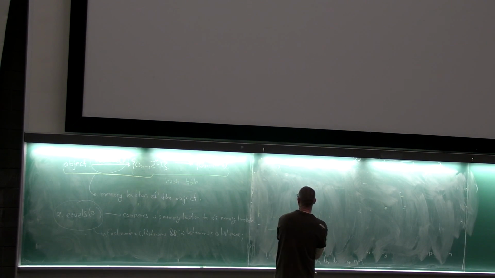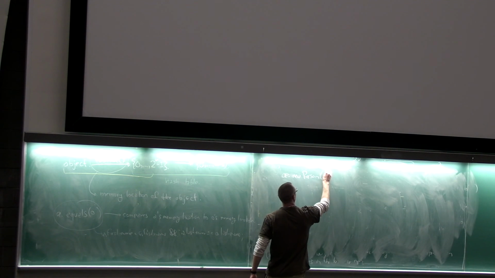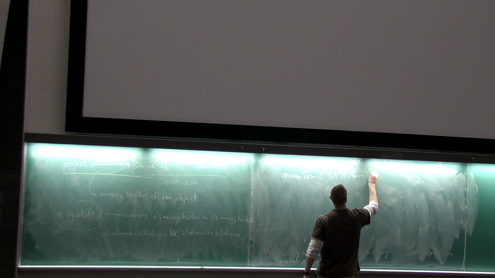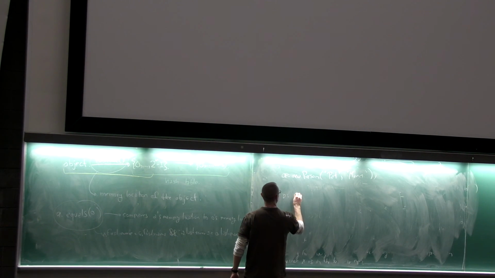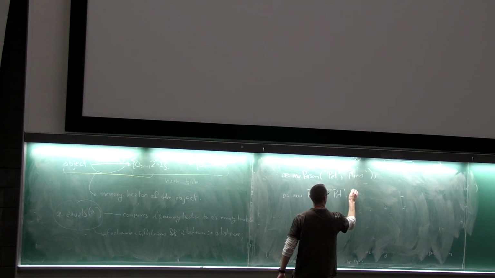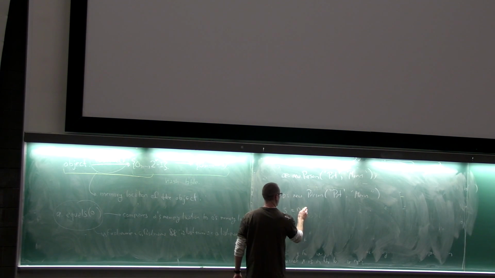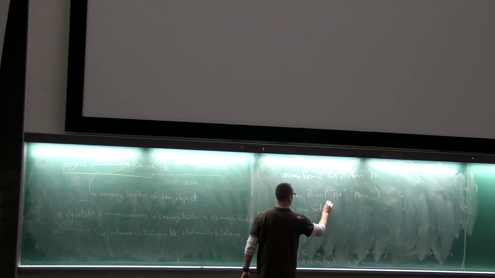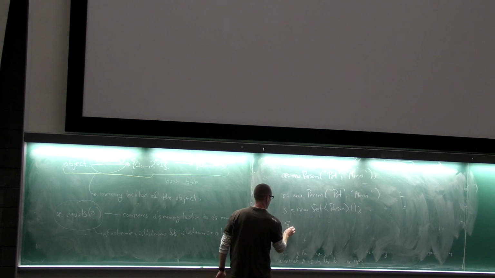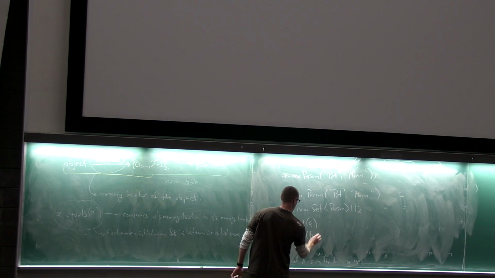I'll say A is equal to new Person Warren, and B is equal to new Person Warren, and S is equal to new Set of persons, and S.add(A), S.add(B).